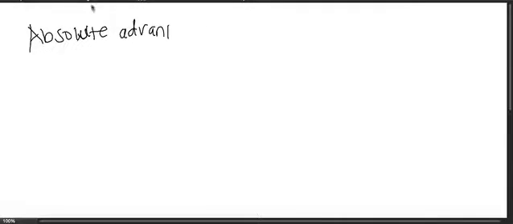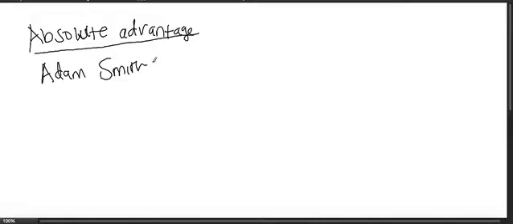This theory I'm talking about, absolute advantage, has many students confused, and I don't know why, because this is a very easy theory. I just want to make sure that all the students out there get to know that this is a very easy theory which was proposed by Adam Smith, one of the greatest economists this world has ever seen, in the year 1776.